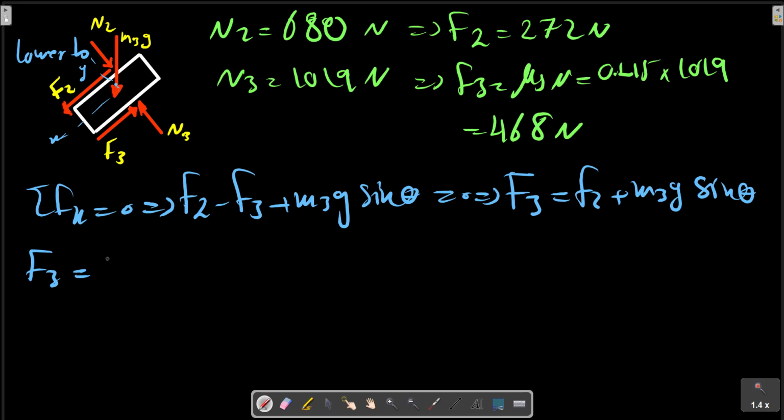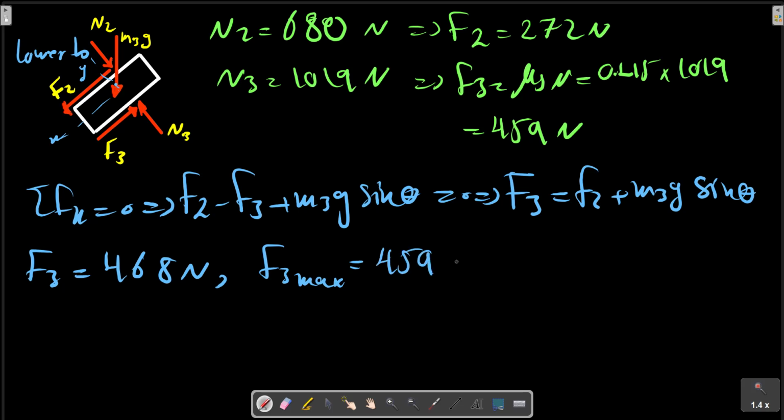F3 is greater than F3 max. So this force cannot be supported and the initial assumption was wrong.